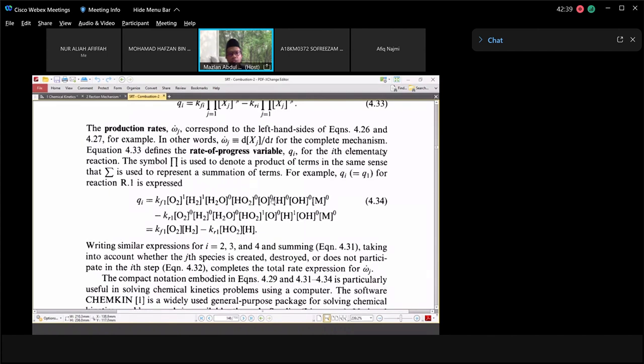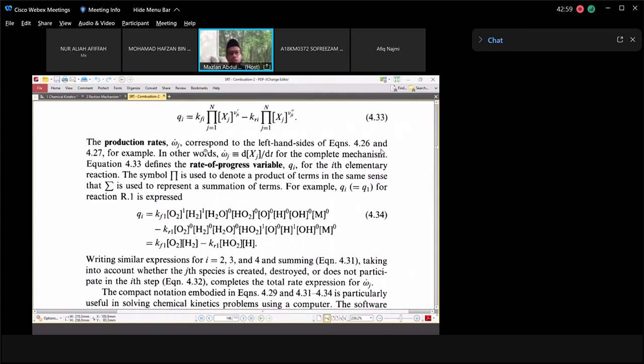Only these two are the reactants, and the products are HO2 and H. So eventually it becomes KF1 O2 H2 minus KR1 HO2 H. So this is your Q I, which they call the rate of progress variable, for the i-th elementary reaction. In this case, i means the first elementary reaction.